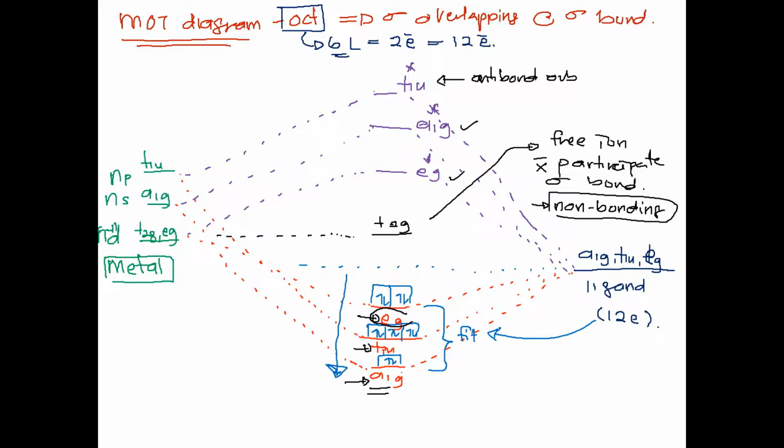Okay, so let's look at the examples later. For example, you have this cobalt complex. So first of all, when you want to solve any metal complex, the first thing you need to do is find its metal oxidation state.